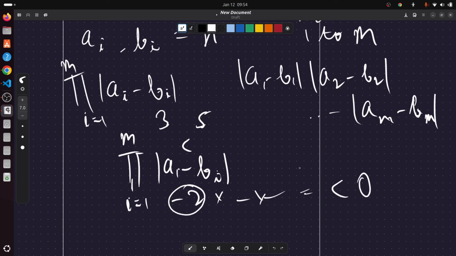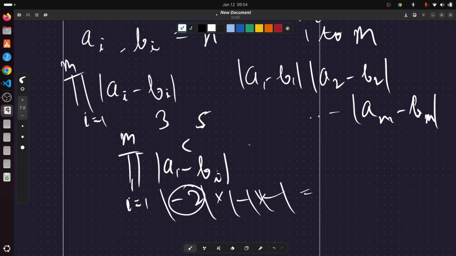So if we find the total sum, it might happen that the negative and the positive cancel out. So what they have done is just added mod to every term.